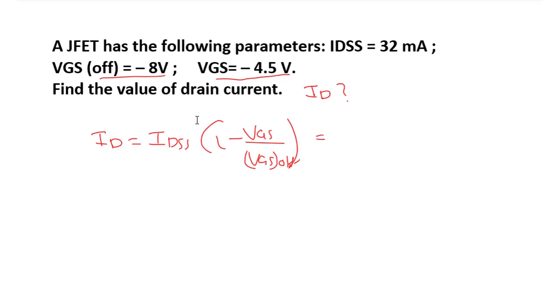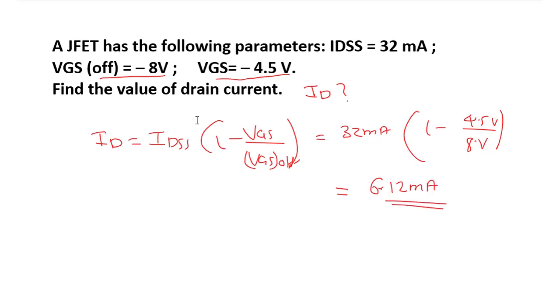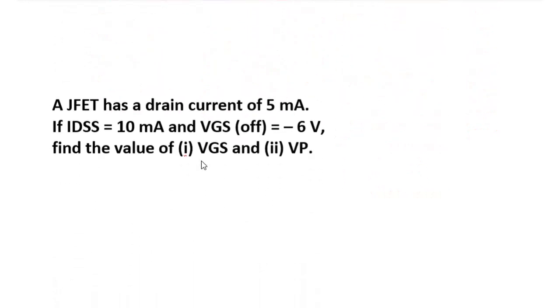That will be equal to 32 milliampere into 1 minus 4.5 volt by 8 volt. You have to substitute these values, and you will get the current as 6.12 milliampere. So it's just a direct numerical question. You have to substitute the values in the equation that we discussed.